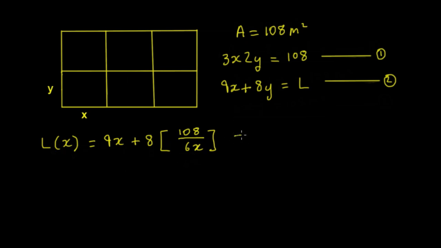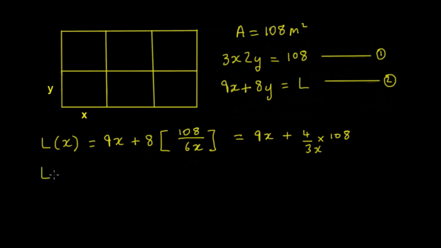So let's rewrite this out. So that's going to be 9x plus, well, 8 is going to be 4 upon 3, so it's going to be 4 upon 3 times 108, and x is in the bottom line there as well.